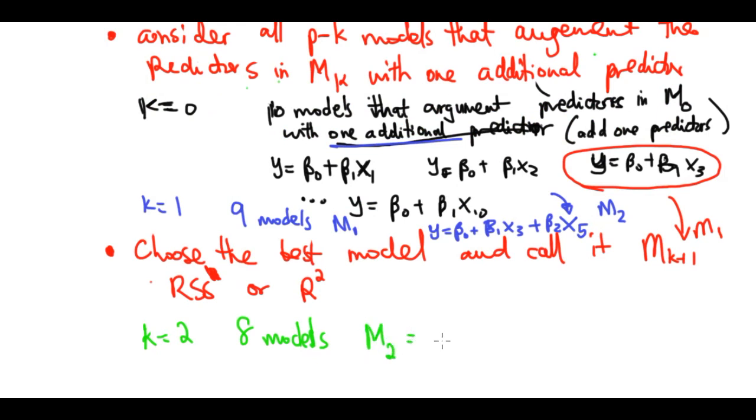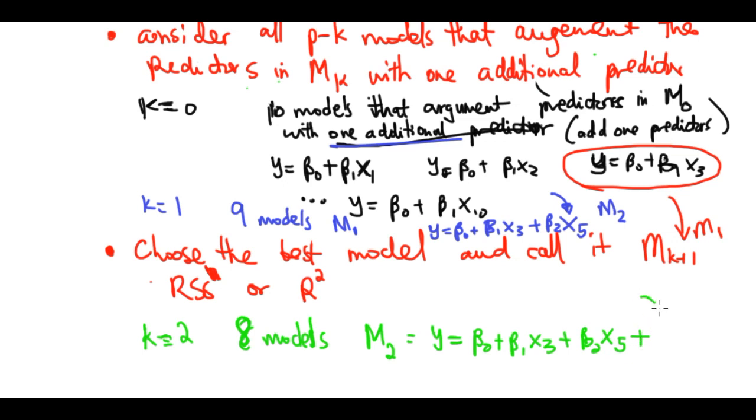What is our M2? This is the one that we called M2 because that was the best one in the previous step. So beta naught plus beta 1 x3 plus beta 2 x5. Let's create an additional predictor. How many models are we going to create? We're going to create 8 models. In step k equal to 2, we create 8 models by adding an extra predictor.